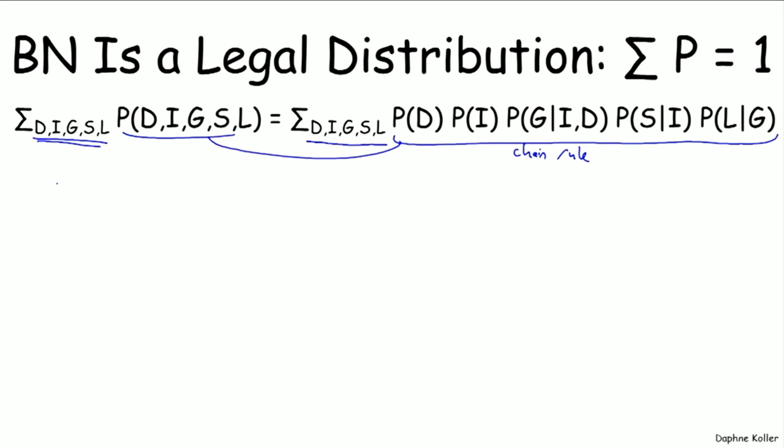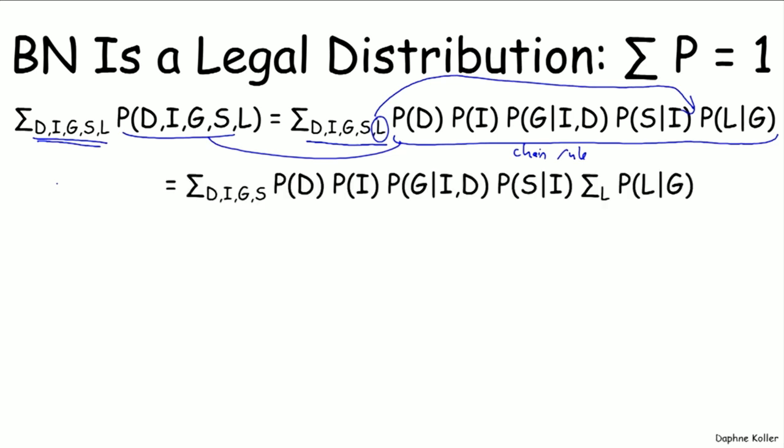And when you have a situation like that, you can push in the summations. So specifically, we're going to start out by pushing in the summation over L. And which factors involve L? Only the last one. So we can move in the summation over L to this position, ending up with the following expression. So notice that now the summation is over here. That's the first trick.